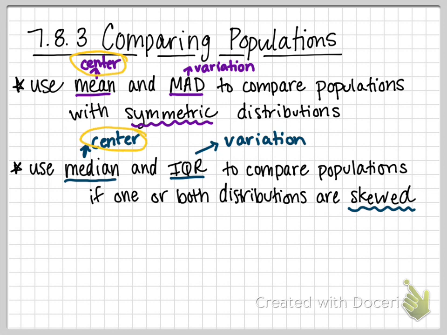So if you're asked to compare two populations using their measures of center and their measures of variation, then you need to determine whether you're going to use the mean and the MAD or the median and the IQR. So the MAD, the mean absolute deviation, and the IQR, the interquartile range, those are measures of variation. So we use center and variation to describe data sets and to compare populations.